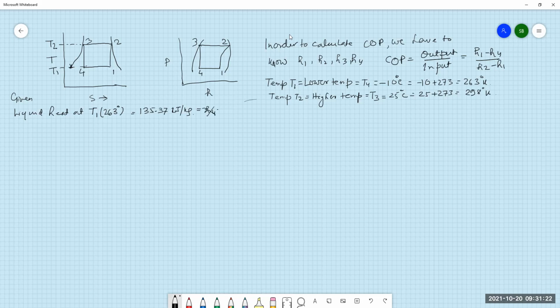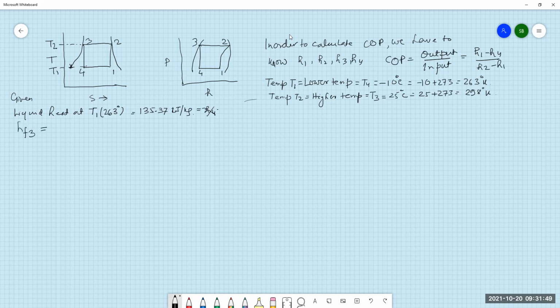Now, what will be H1? H1 is the enthalpy at the point 1 itself. And what is given here is another important thing, HF3.